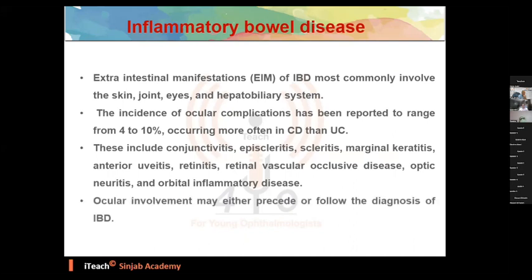Ocular involvement may either precede or follow the diagnosis of inflammatory bowel disease. In our case, the patient presented with acute anterior uveitis, and we discovered this inflammatory bowel disease after good history taking, examination and consultation.